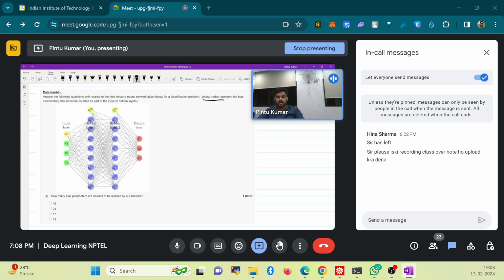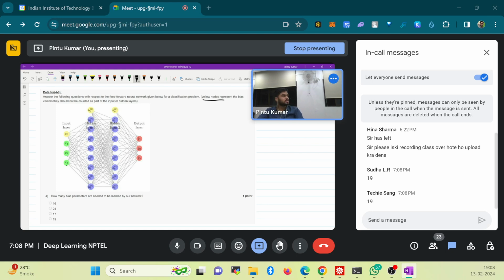So in the first layer you have 3 perceptrons, that is x1, x2 and x3, and this x naught is just a bias term. So how many bias terms would be there? That is equal to the number of elements in the next layer. So x naught has 8 biases. Similarly, h naught a has 8 and this h naught 2 has 3 biases. So total number of bias terms is 8 plus 8 plus 3, that is 19.